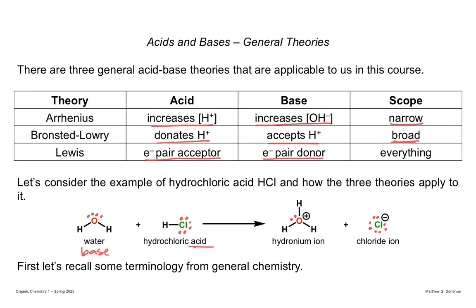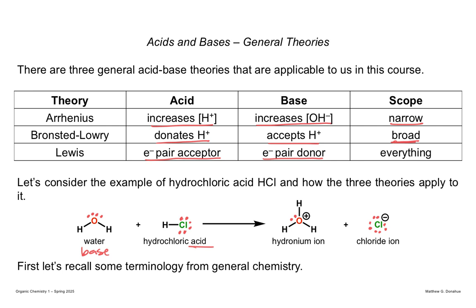So you can see already that water is gaining a hydrogen. It's gaining a plus charge. The hydrochloric acid is losing a proton, and the chlorine is gaining an electron pair. So you see that by comparing two sides, but actually how does it happen?